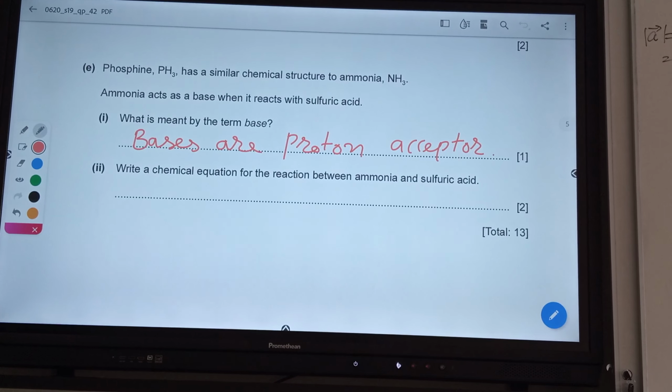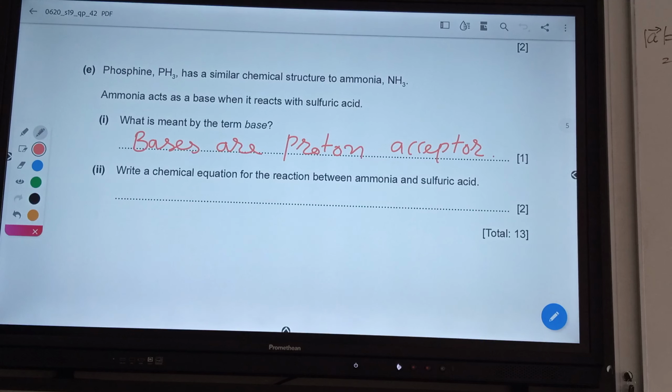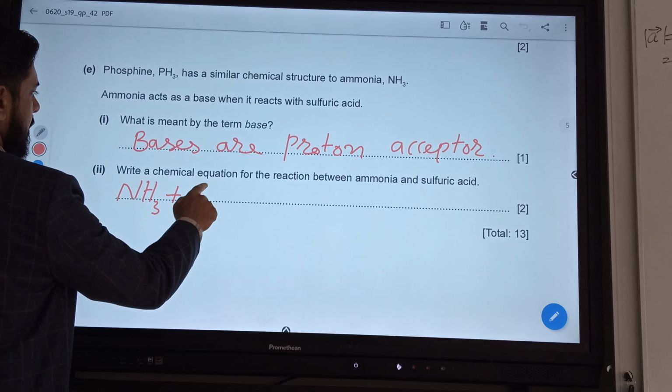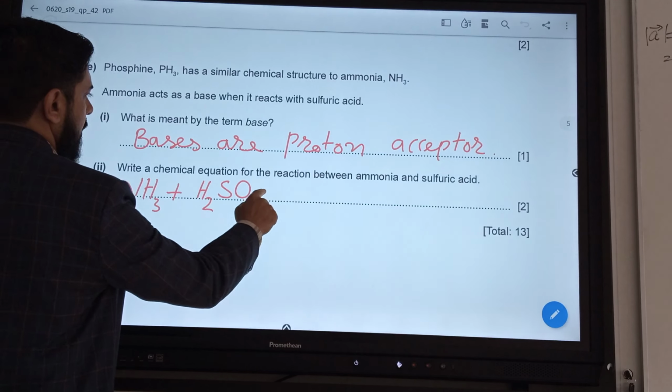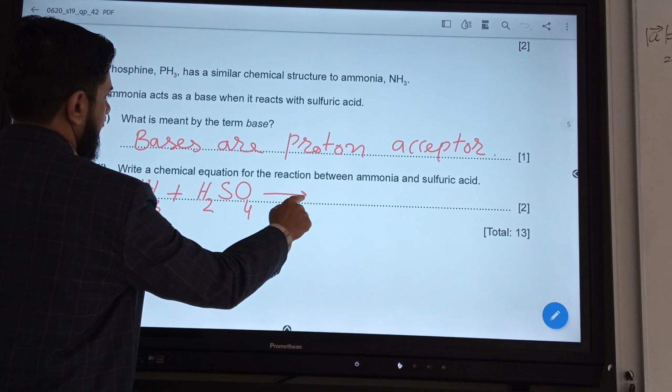Next, write a chemical equation for the reaction between ammonia and sulfuric acid. The formula for ammonia is given, and the formula for sulfuric acid we know already: H2SO4. When they react together, they will produce ammonium sulfate, a salt, (NH4)2SO4. Remember, the ammonium ion has a charge of 1 plus, whereas sulfate has a charge of 2 negative.